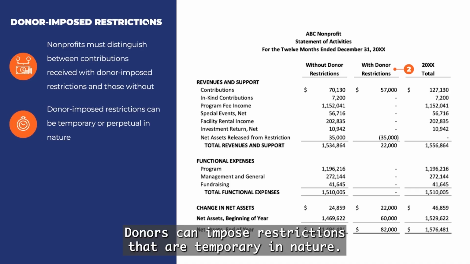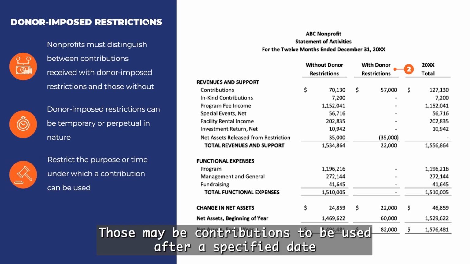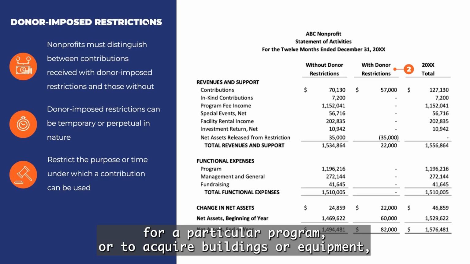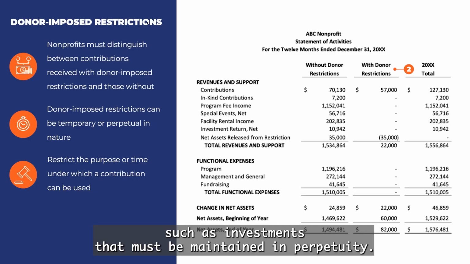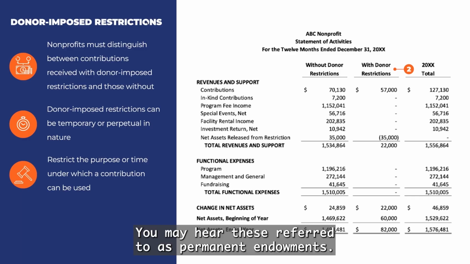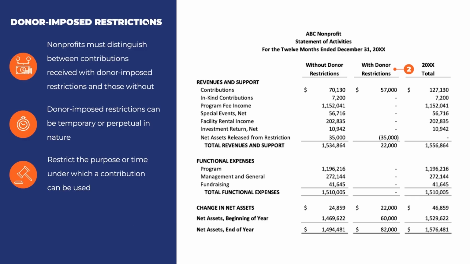Donors can impose restrictions that are temporary in nature, and those might be contributions to be used after a specified date, for a particular program, or to acquire buildings or equipment. Whereas other donors might impose restrictions that are perpetual in nature, such as investments that must be maintained in perpetuity. You may hear these referred to as permanent endowments.